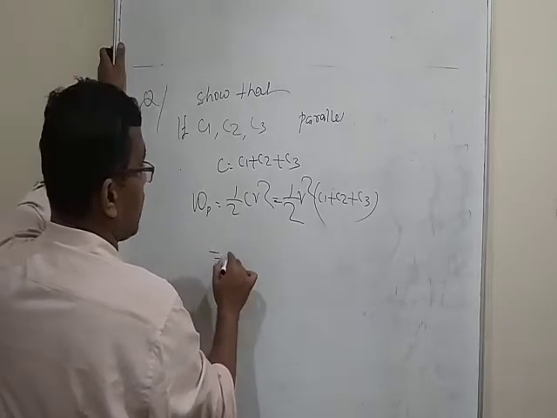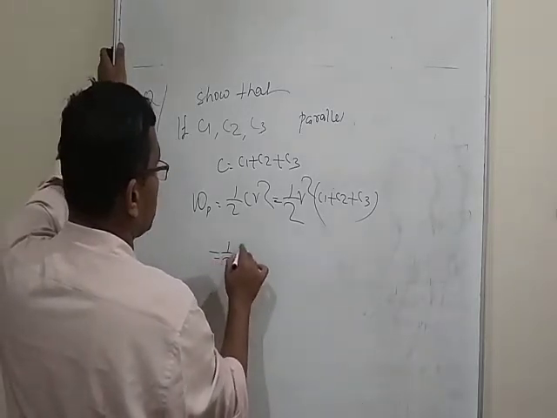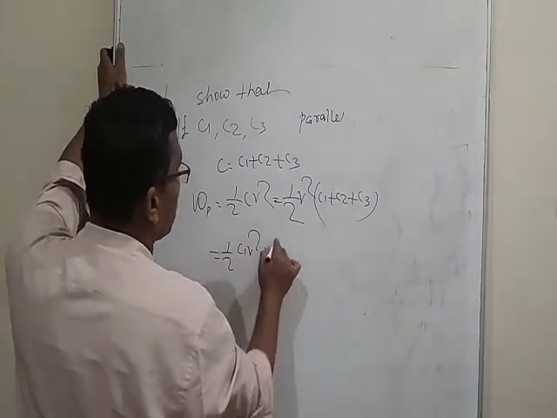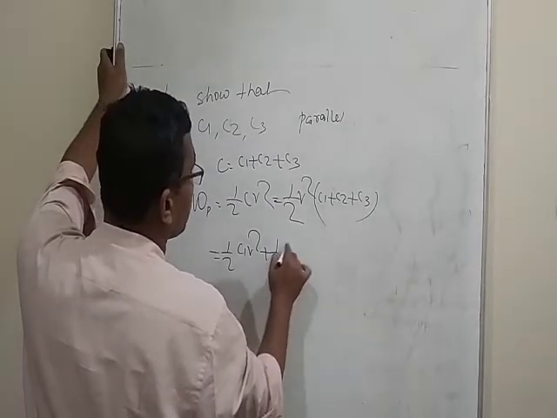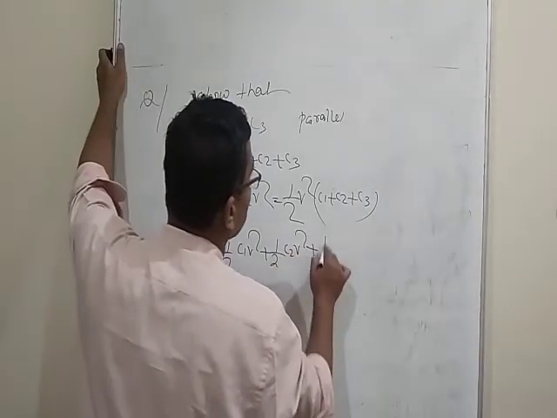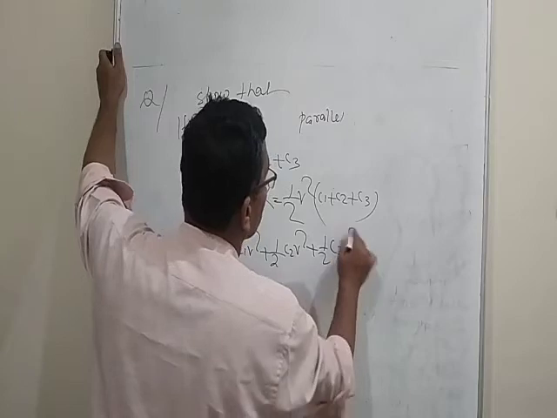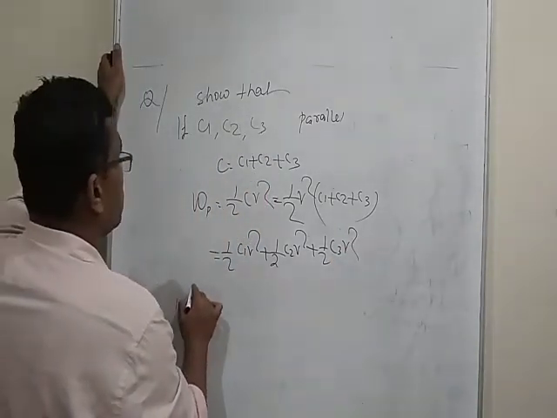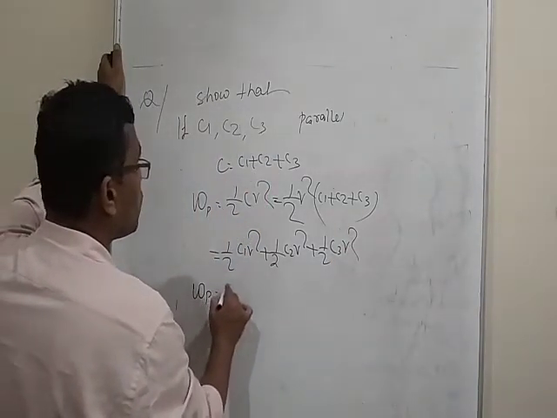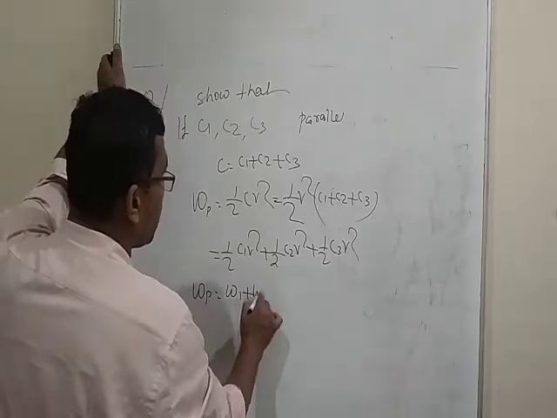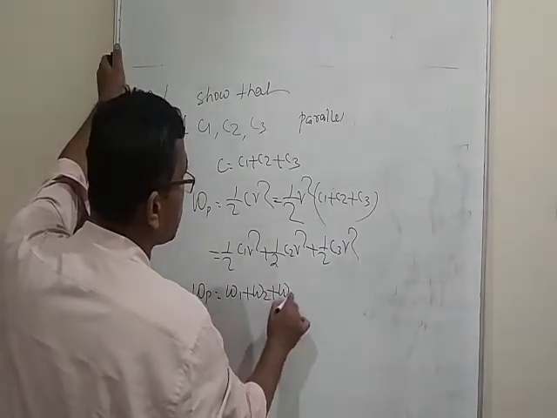So this is equal to half C1 V square plus half C2 V square plus half C3 V square. So W parallel equal to W1 plus W2 plus W3.